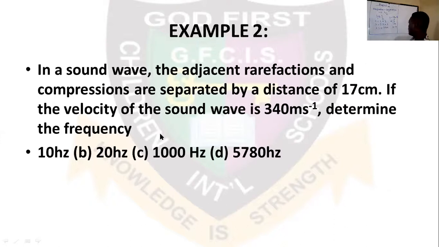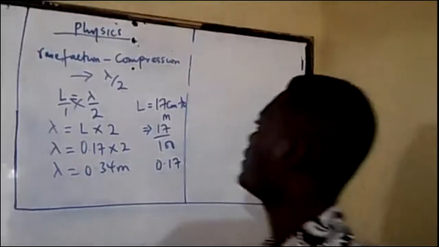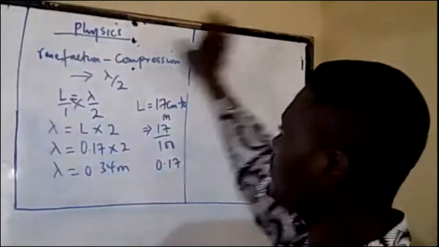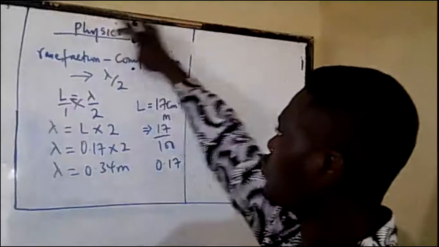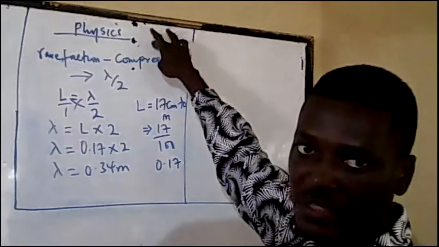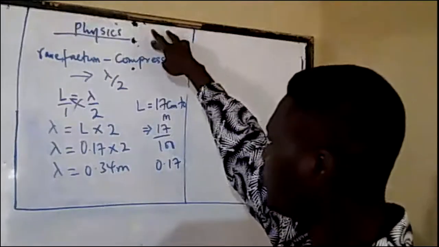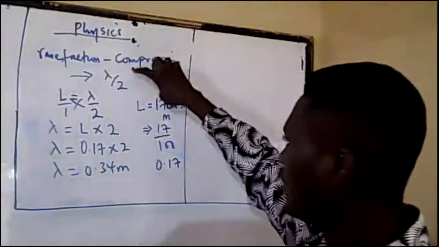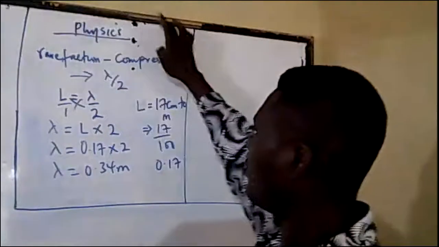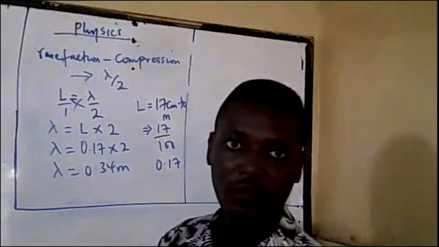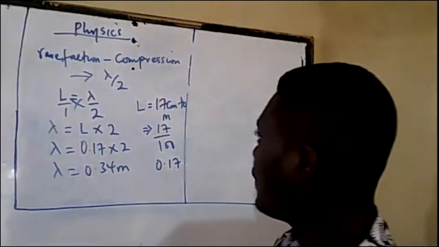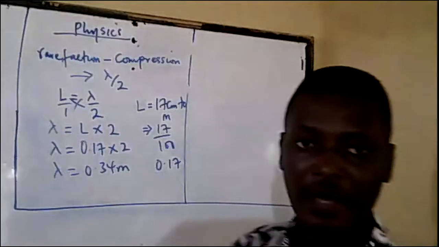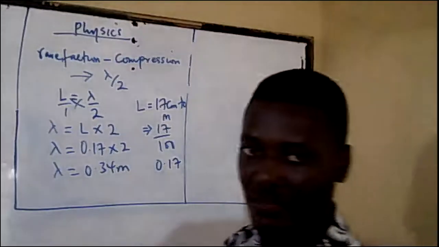So the next thing now is, this is what we have been doing. Rarefaction, compression. Then we said from one rarefaction to compression, especially when you're talking about sound wave, is lambda over 2. Rarefaction to rarefaction should give you the full lambda itself.